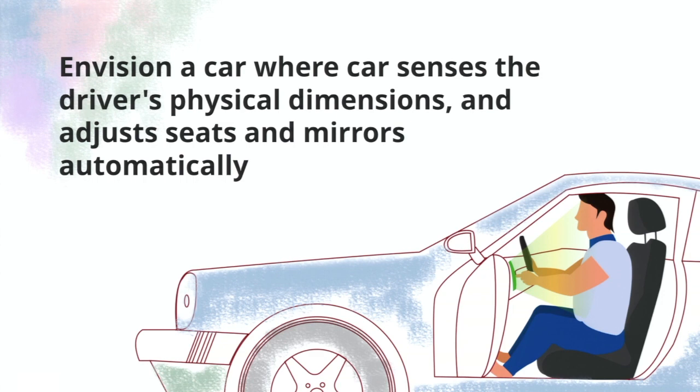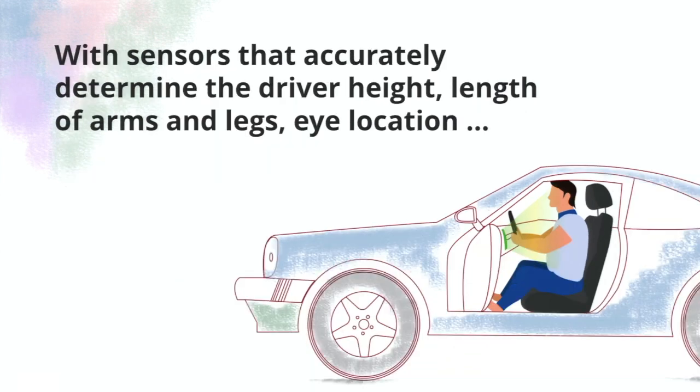And is that possible? It is possible. These days cars come with all kinds of sensors. So you are really looking at the height of the driver, the limbs, the eye location, all of that, and you're adjusting it. They probably do fancy tricks to make it really comfortable, and it's possible today actually.